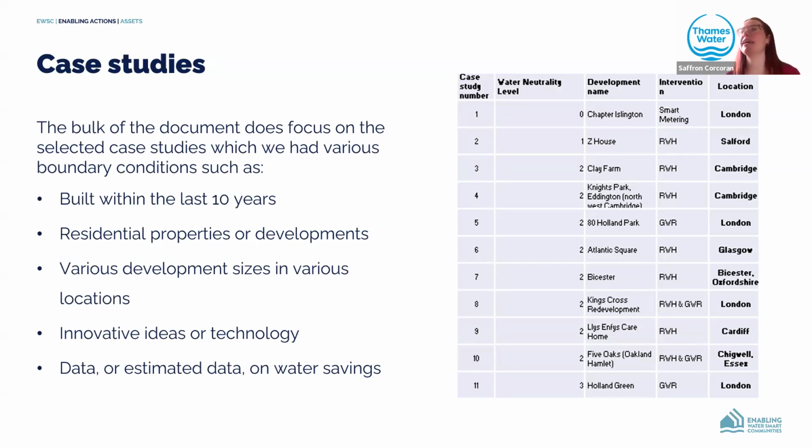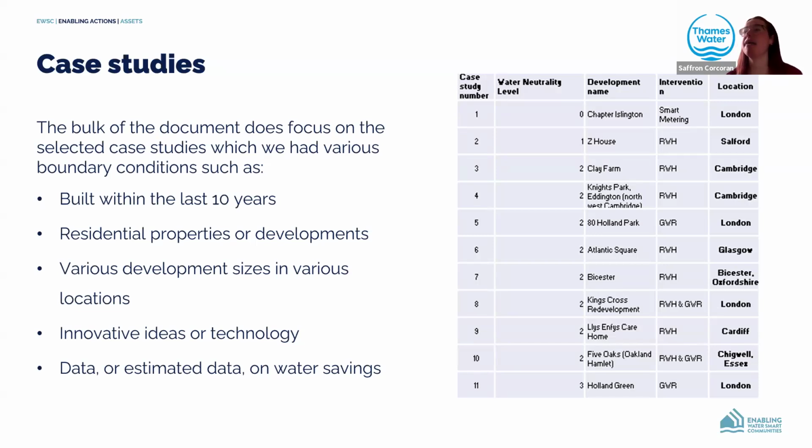We wanted them to be in various different types of residential properties or developments. So we have some from care homes to small scale homes of 8 homes to developments that are about 359 properties. So we can show that these technologies and policies and ideas work on such a various scale.